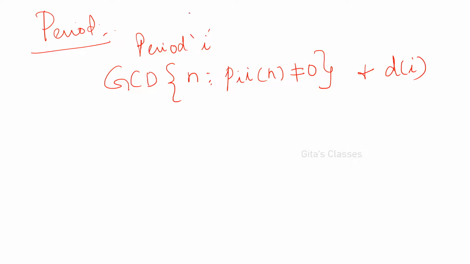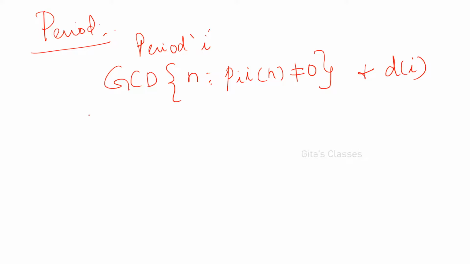That is, from I to I you should come back. You find out the length of each walk. If there is only one walk, then the length of that particular walk is called the period. If you have more than one path, then you have to take the greatest common divisor of all such lengths.